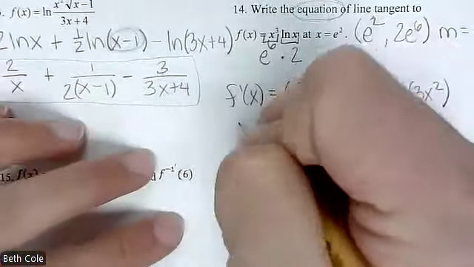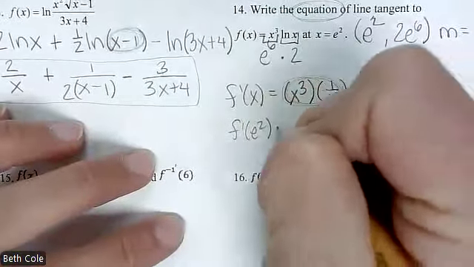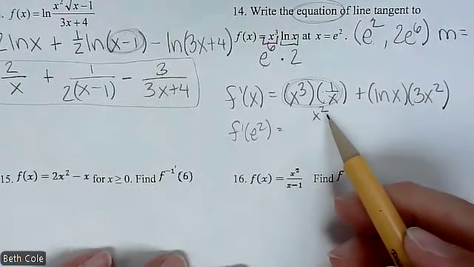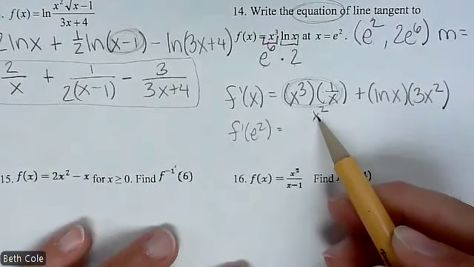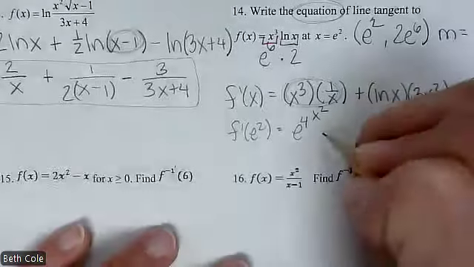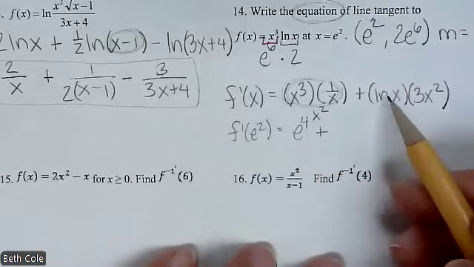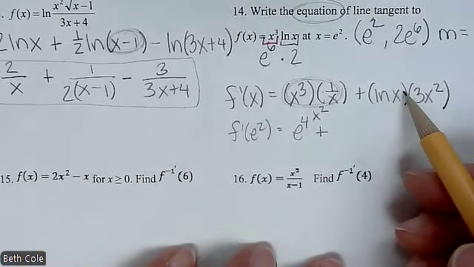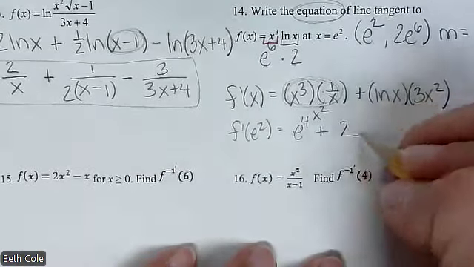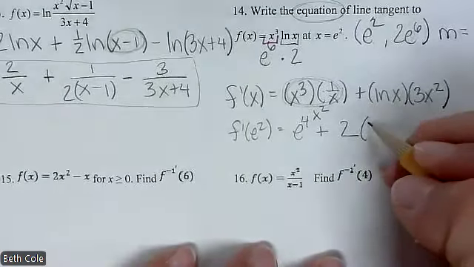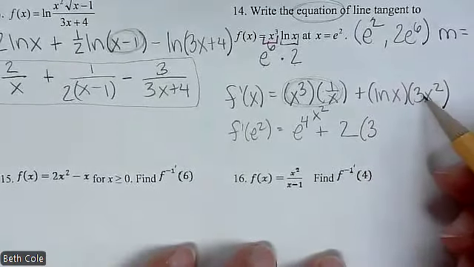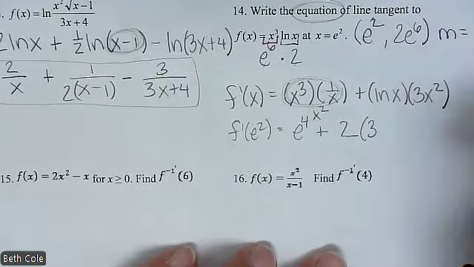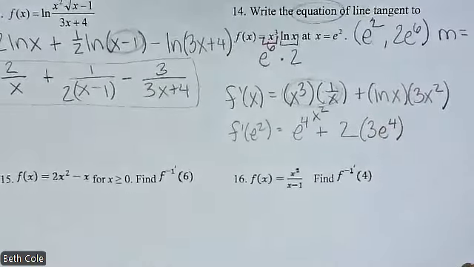I'm using up too much of my space here. We plug in e squared squared, e to the 4th, very good, plus ln e squared is just 2. And then this would be 3e squared. So 3e to the 4th.